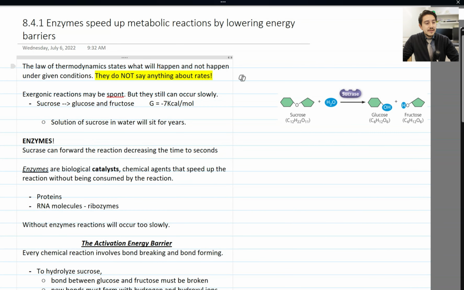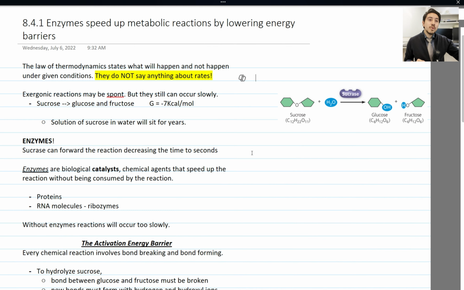So the laws of thermodynamics state what will happen and not how fast it will happen, right? So, we talked about spontaneous reactions and non-spontaneous reactions.